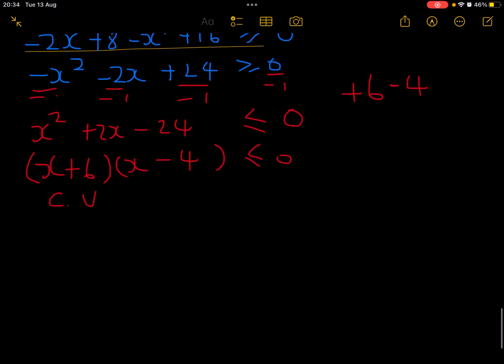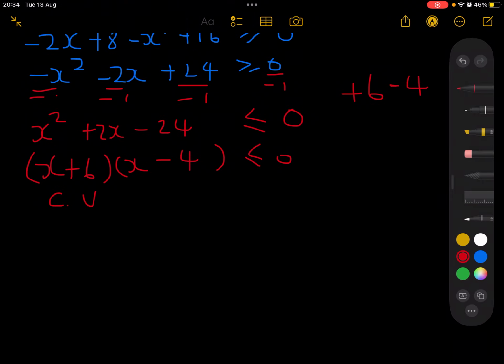This is where we solve just like we would solve a simple equation, with equal to 0. So at this point we say x plus 6 is equal to 0, or x minus 4 is equal to 0, so that x is equal to minus 6 or x is equal to 4.